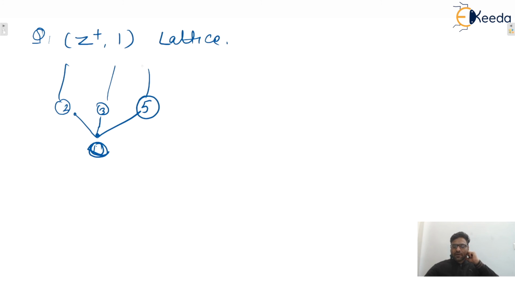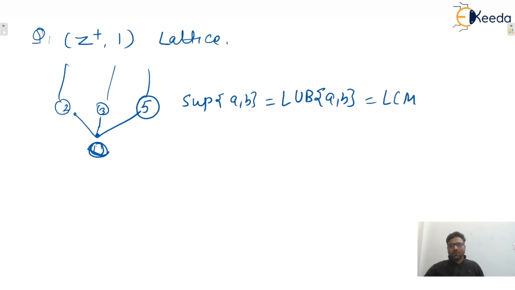So here also supremum of A, B, you can take any two elements, the least upper bound of A, B, will be the LCM of A, B, yes or no, isn't it? Because LCM will be the least common multiple, and A and B will divide that one.